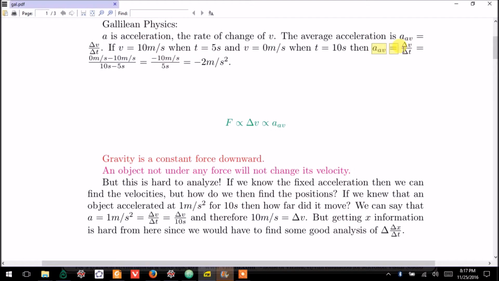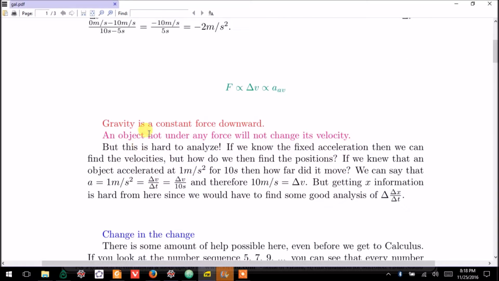Well, we define the average acceleration as delta v over delta t, so the final, which is 0, minus the initial, which is 10, gives us a total change in velocity of negative 10 meters per second. The time change is 5 seconds, and therefore the average acceleration over this time period is negative 2, and that just represents that it slowed down over this time period. So there's a description of acceleration.